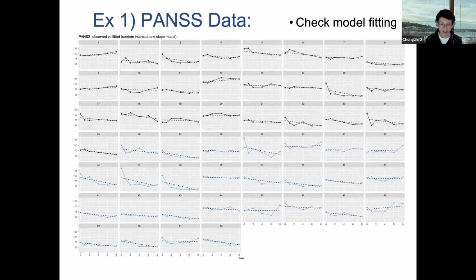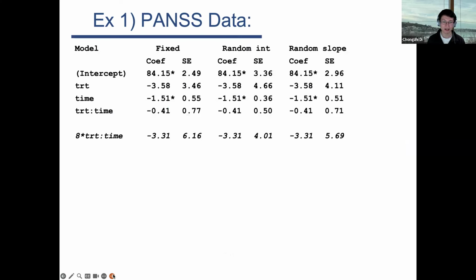I did not show it here, but you can also calculate the model-estimated correlation matrix and compare it with the empirical correlation matrix. It's another way to check if you have sufficient random effects.